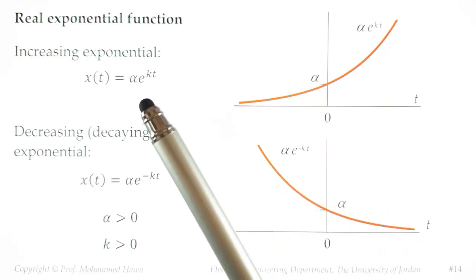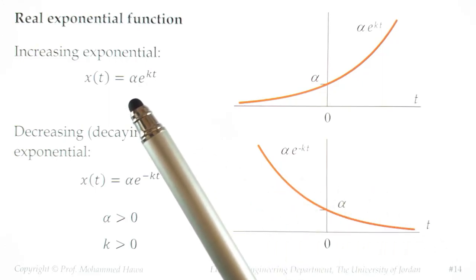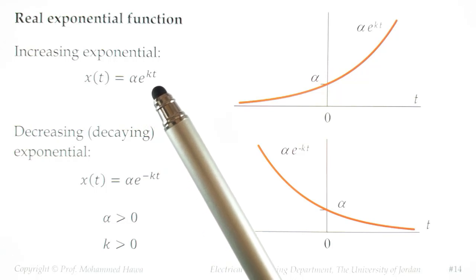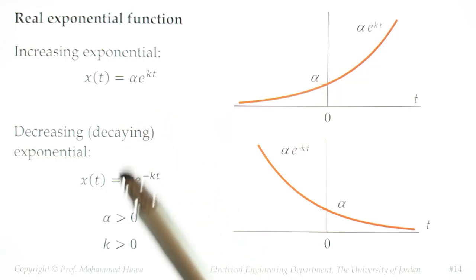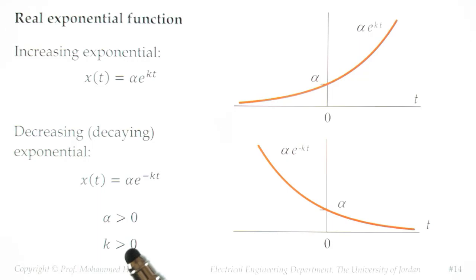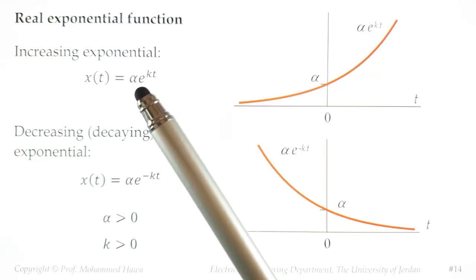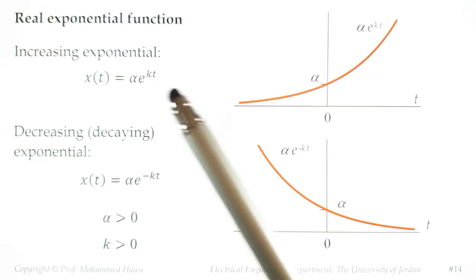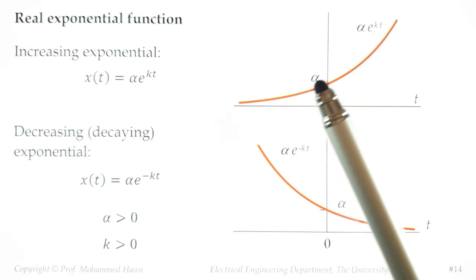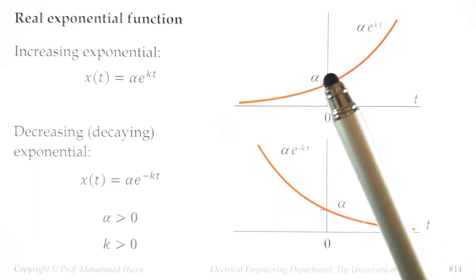The equation includes an exponential here, alpha e to the power kt, where alpha is a positive constant and k, the exponent, is a positive constant. Notice that when t is equal to 0, you get e to the power 0, that's 1, so you get alpha. That's why the increasing exponential function hits the vertical axis at alpha.